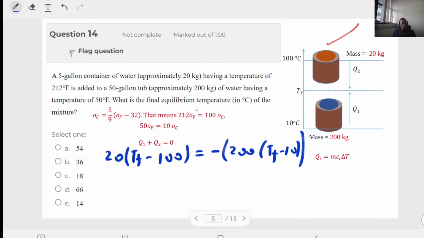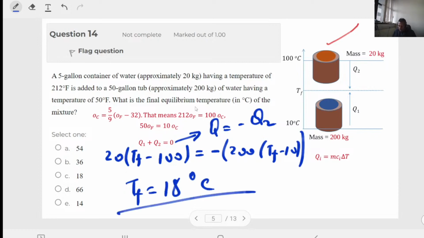Heat gain equals negative of heat loss, or this expression, if you are used to that one, Q1 must be equal to negative of Q2, where Q1 is the cooler one or hotter one, it doesn't matter. Then I get T final is 18 degrees centigrade. That is what we get.